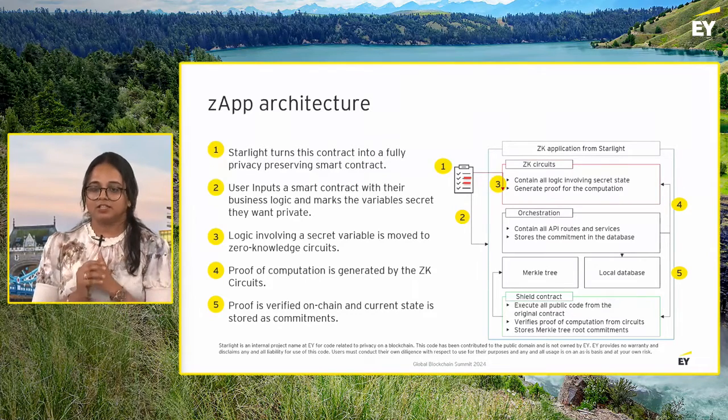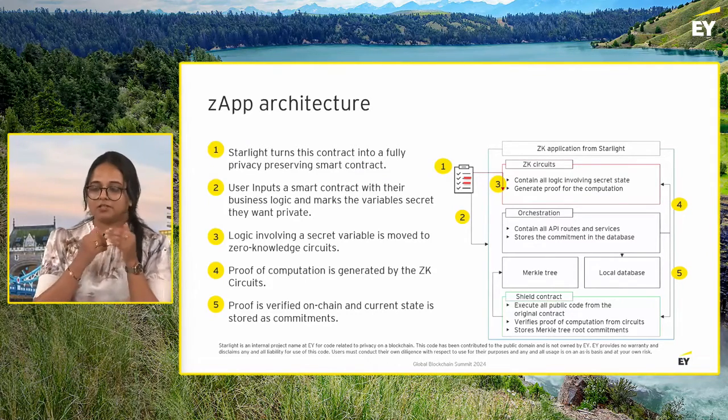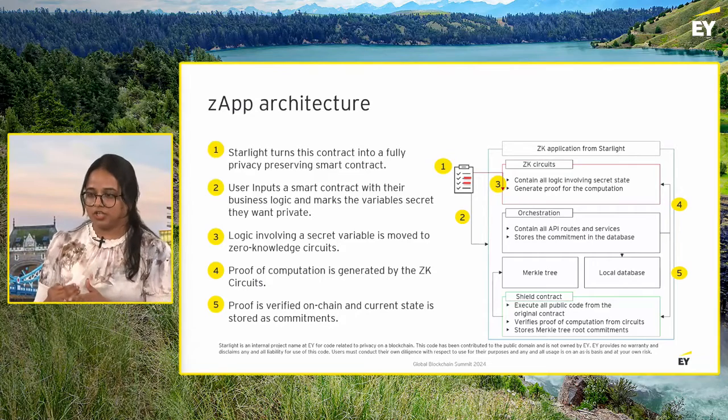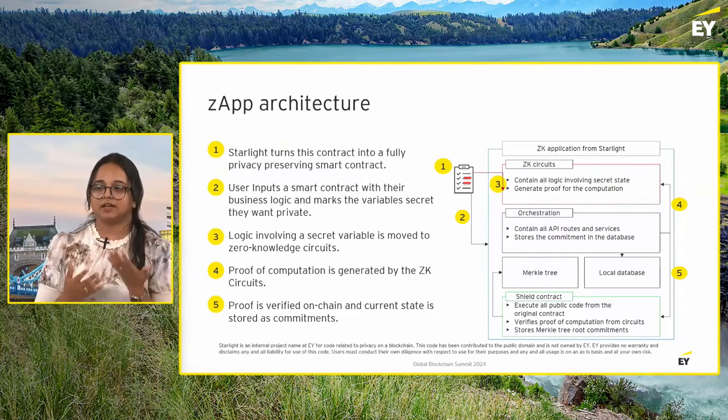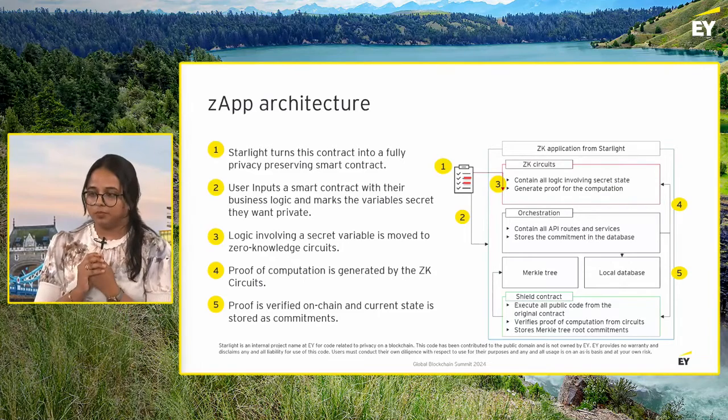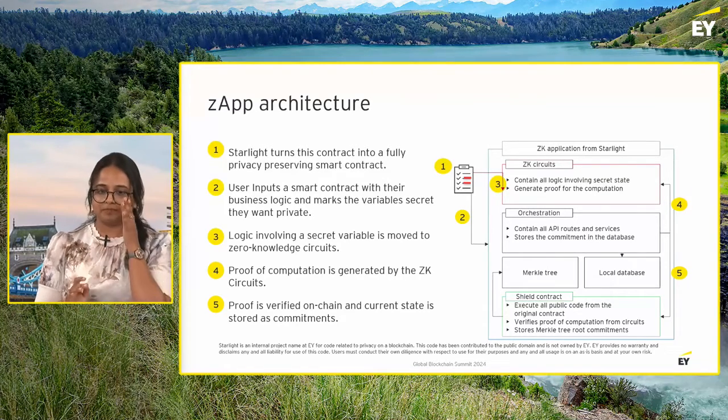First is the zero knowledge circuit. In your smart contract, all the logic involving the secret states will be carried over to these circuits, and they will generate the proof for the computation involving those states.